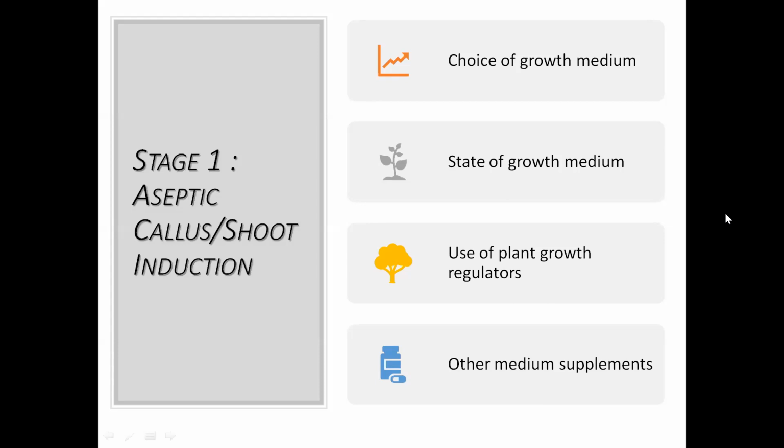See, basically, how you choose is you take MS medium and then you make a Punnett square. If you remember, when you did Mendelian inheritance, you used that Punnett square, right? You made those 16 combinations. Similarly, on one side you take cytokinin and on the other side auxin. Normally you use a cytokinin which shows a good response like benzyl aminopurine, and an auxin like IAA.